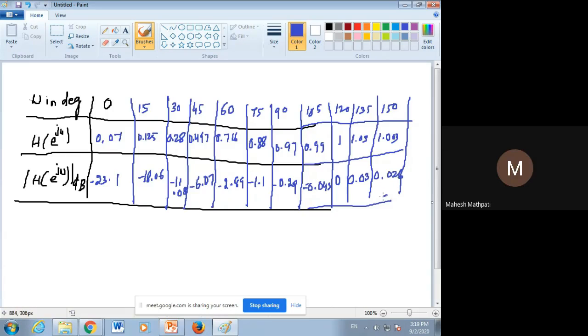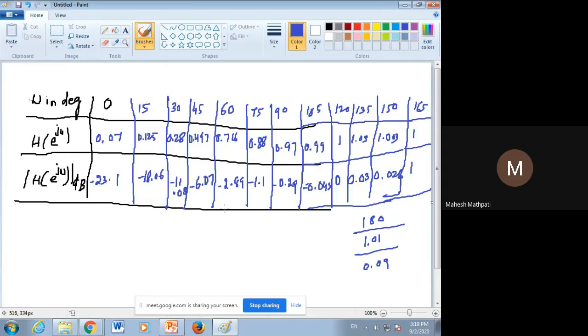Then at 165, we have 0.999, almost 1. And last at 180, what is the value we are having? 0.996, almost like 1.01. Then this value is 0.09. Right? So these are the values we are getting.